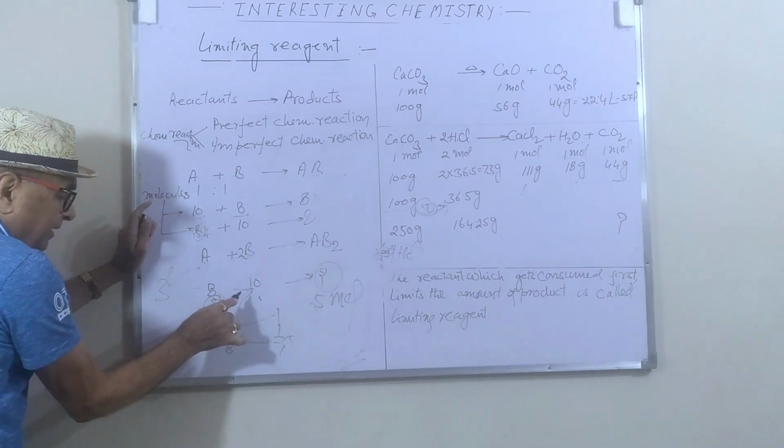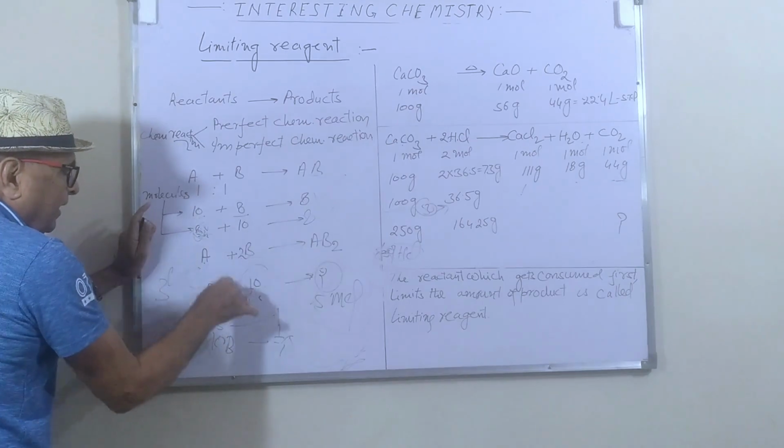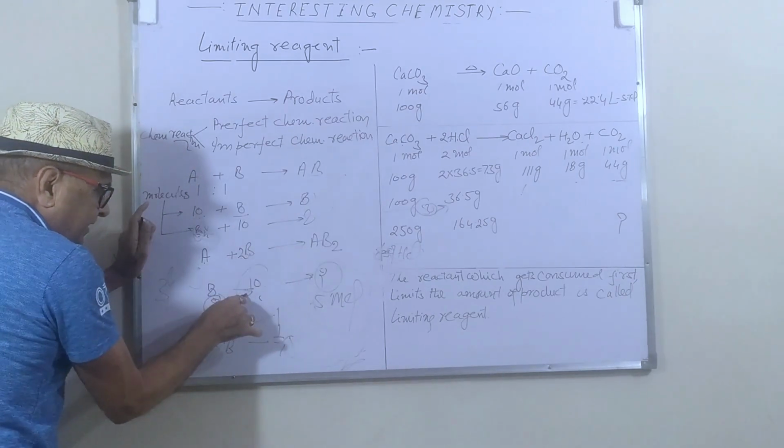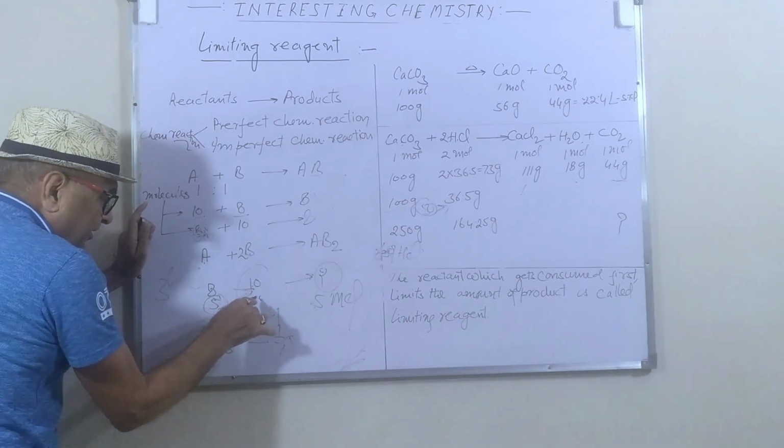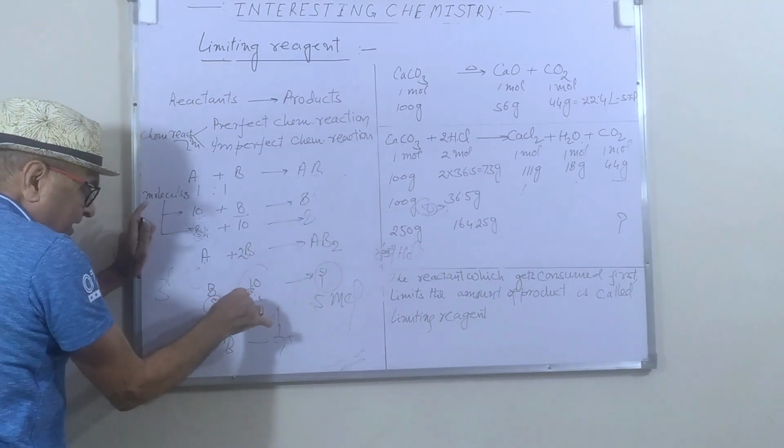So despite having the greater amount of B here, B is the limiting reagent in this case.